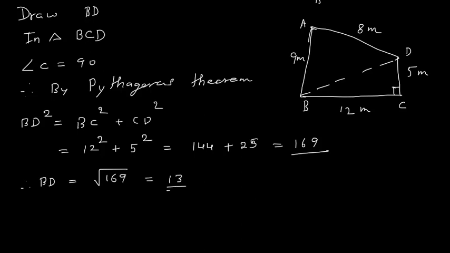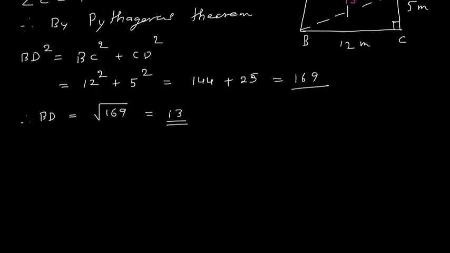But I recommend that up to the square of 25 you should know all the squares and square roots. So BD is 13. This length is now known to us. Now I can find the area of BCD and the area of ABD. To find the area of BCD, there is no need to use Heron's formula as the base and height are already there.